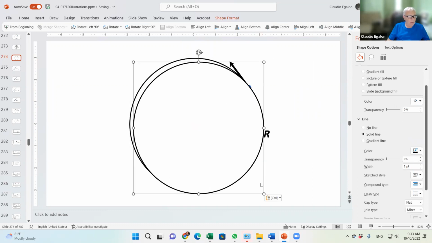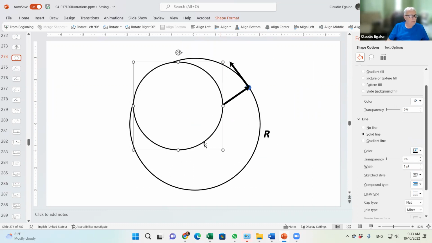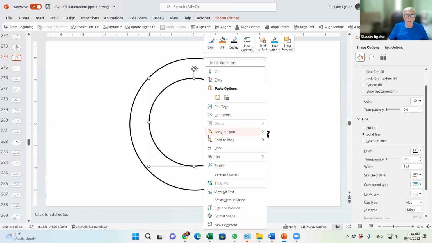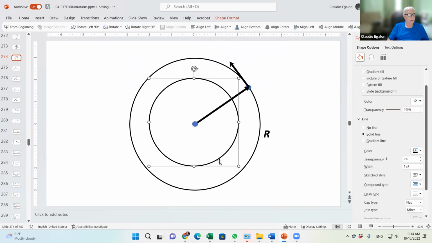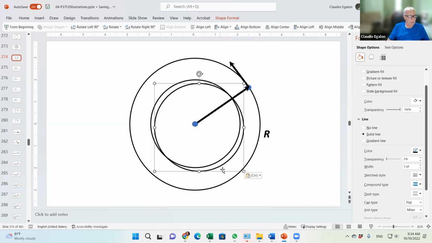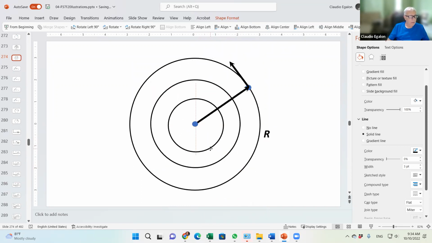I want to illustrate different latitudes here. I have presented it this way: one latitude, another latitude, and so on, right?